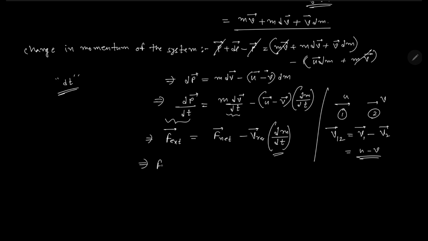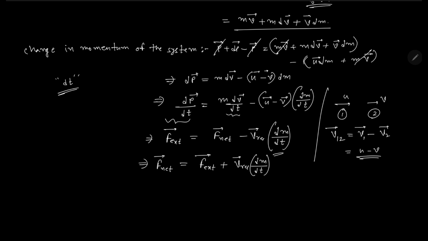If we rearrange these terms, we will have F net is equal to F external plus v relative times dm by dt.